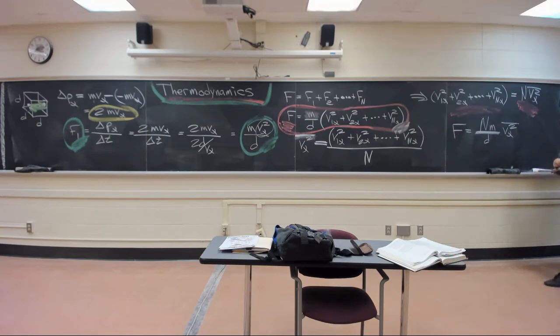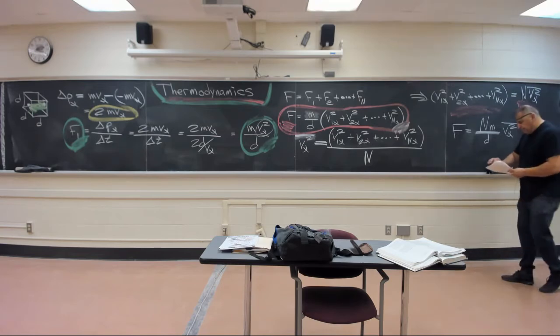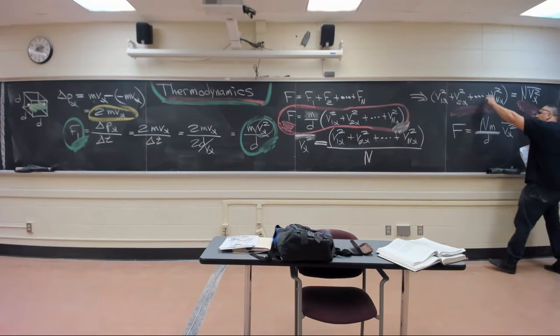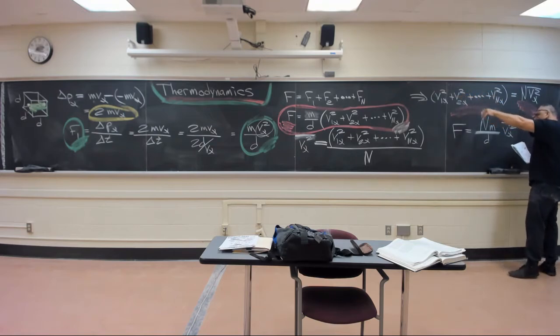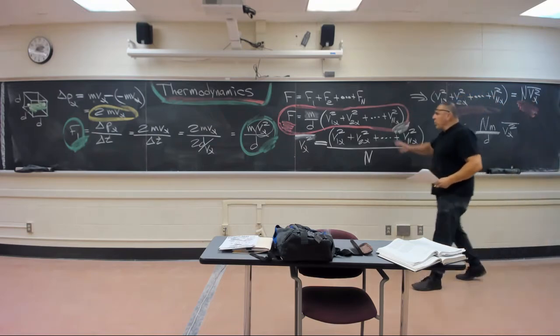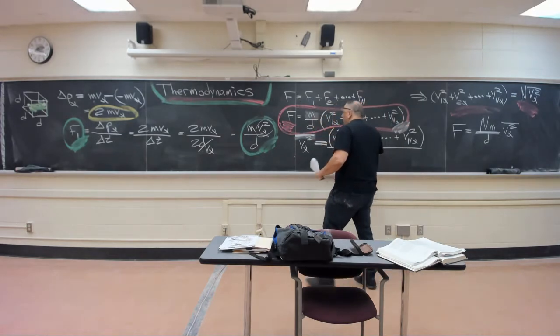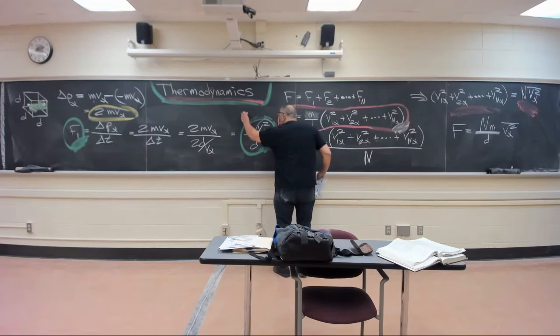Pretty important conclusion. N times v sub x squared bar is equal to the sum of all the squares. The sum of all the squares times m over d is force, because this is for a single.